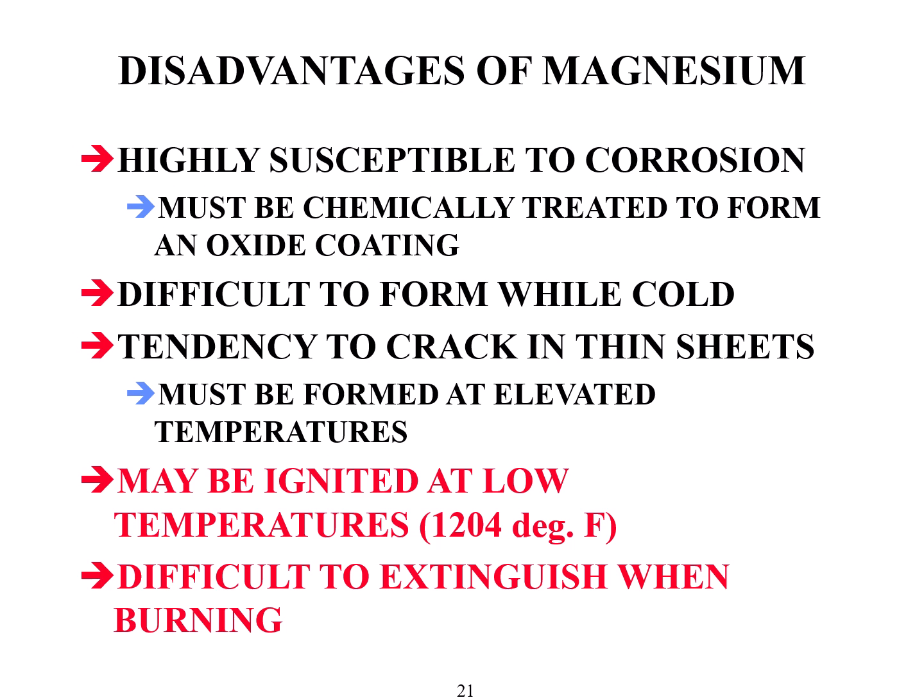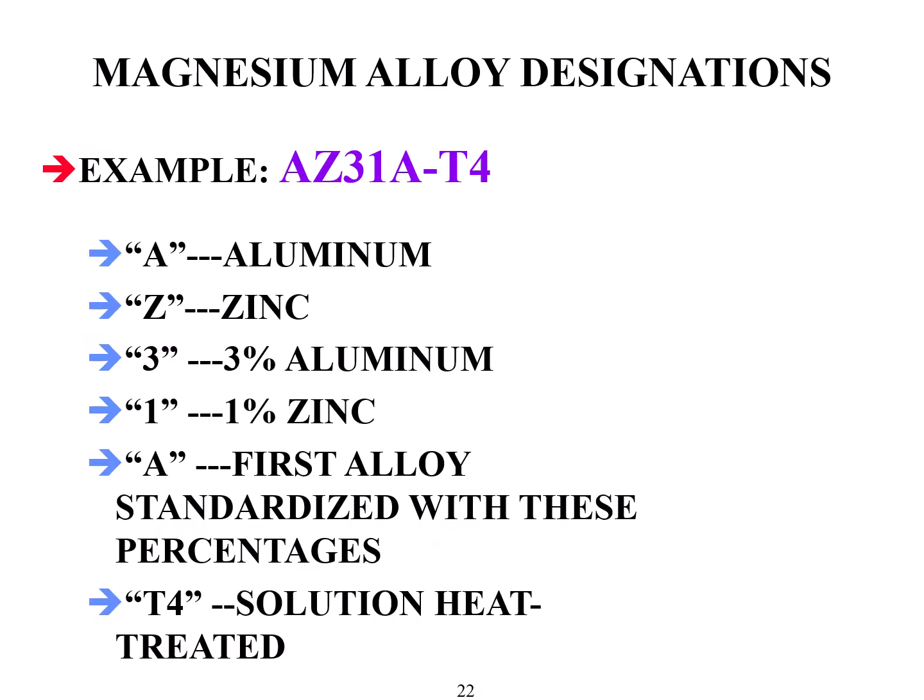So magnesium has its wonderful side, but it also has a dark side, and that slide helps explore some of the negatives. It exemplifies some of the alloy designations dealing with aluminum and magnesium. In this case, we've got a designator that looks very different from your common ones: AZ31 Alpha T4. That's aluminum plus added zinc.